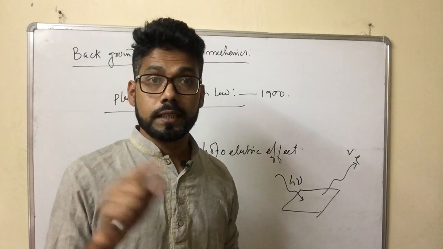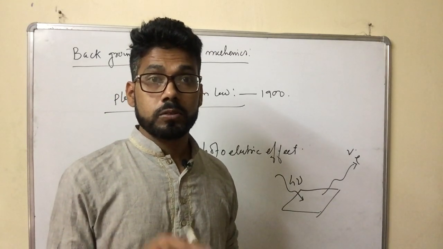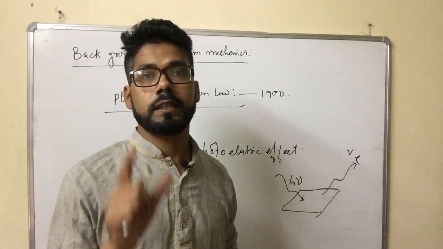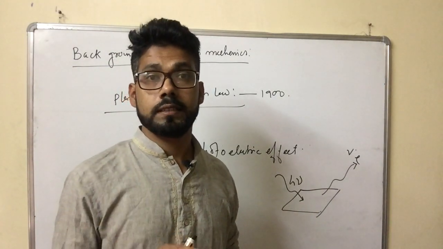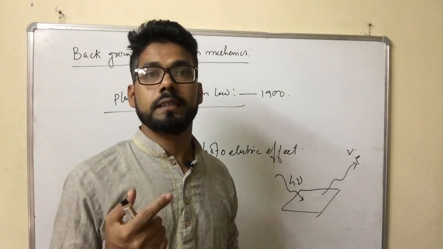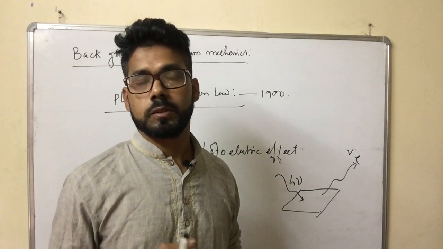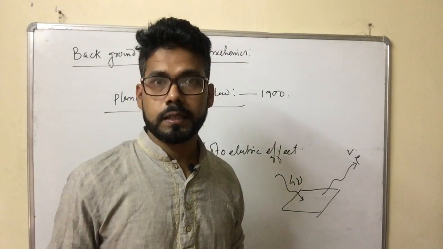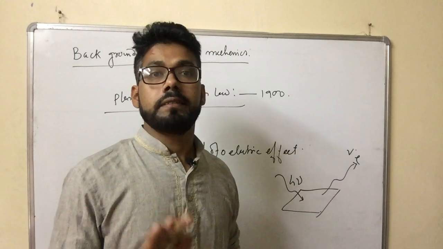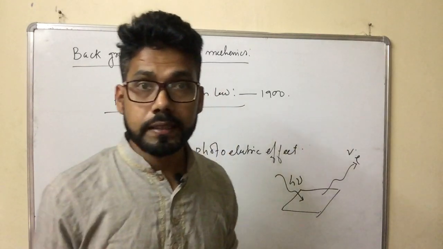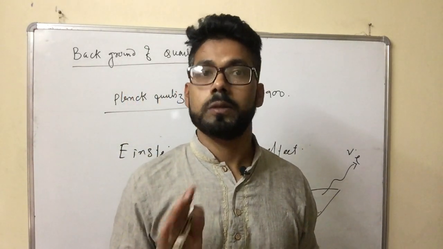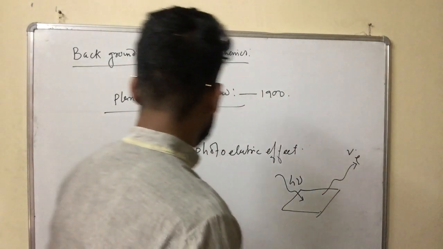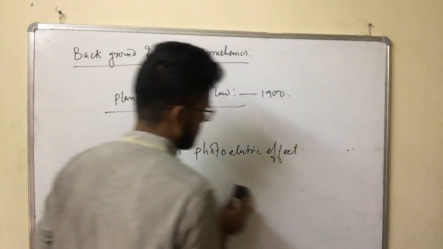So indirectly we can say Einstein also provided powerful experimental verification of Planck quantization of energy. So Einstein's photoelectric effect gives the particle aspect of radiation. The photon, considering the photoelectric effect, shows particle behavior, not the wave behavior of radiation. Okay. This is the photoelectric effect.